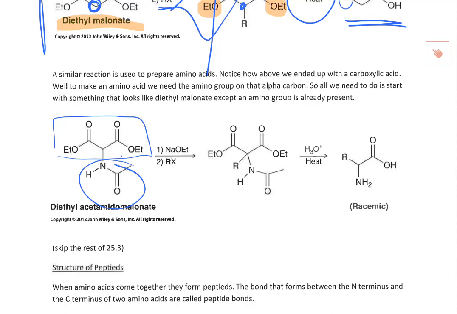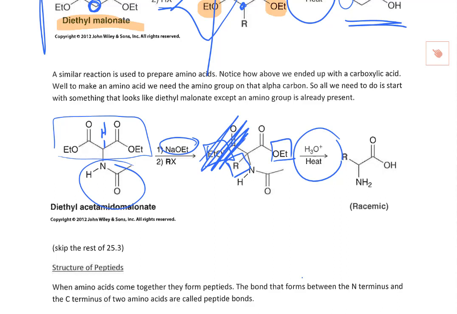And so we still have a proton at this position that can be pulled off with a base. That means that we can add an R through that SN2 reaction, and then when we add some acid and heat, our OETs turn into OHs, and that heat ends up cleaving off this position.